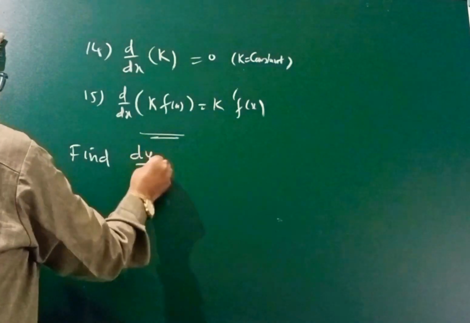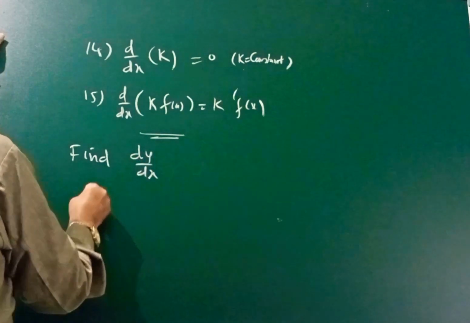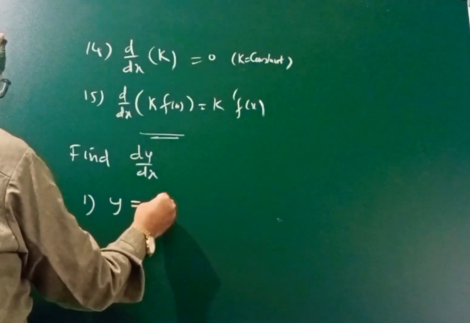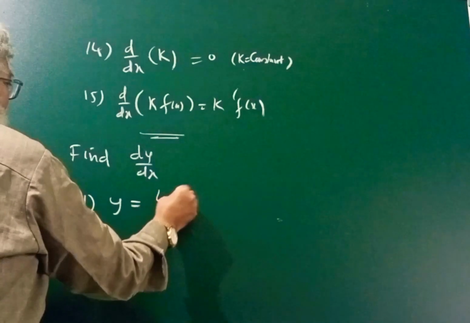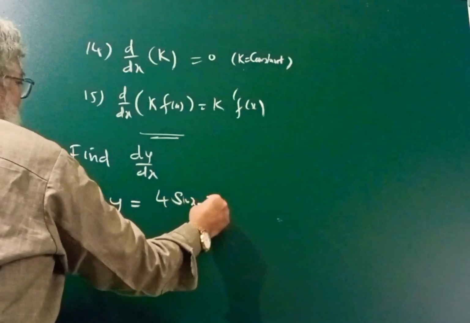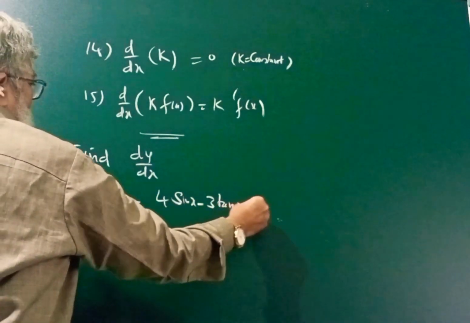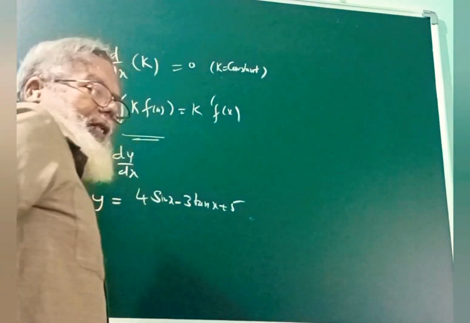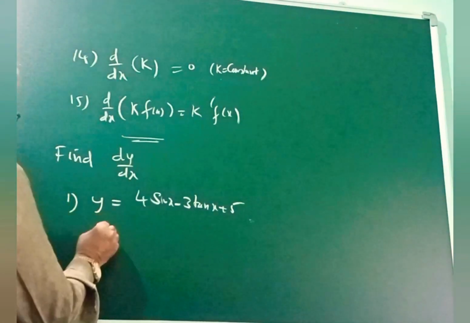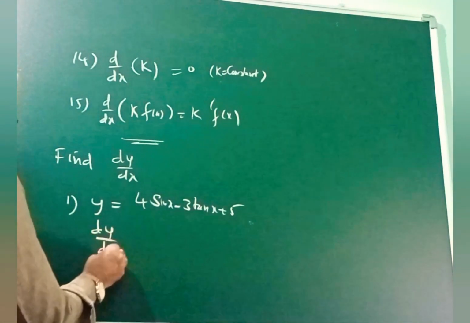Find dy by dx, where y is equal to 4 sin x minus 3 tan x plus 5. Now dy by dx, differentiating with respect to x.